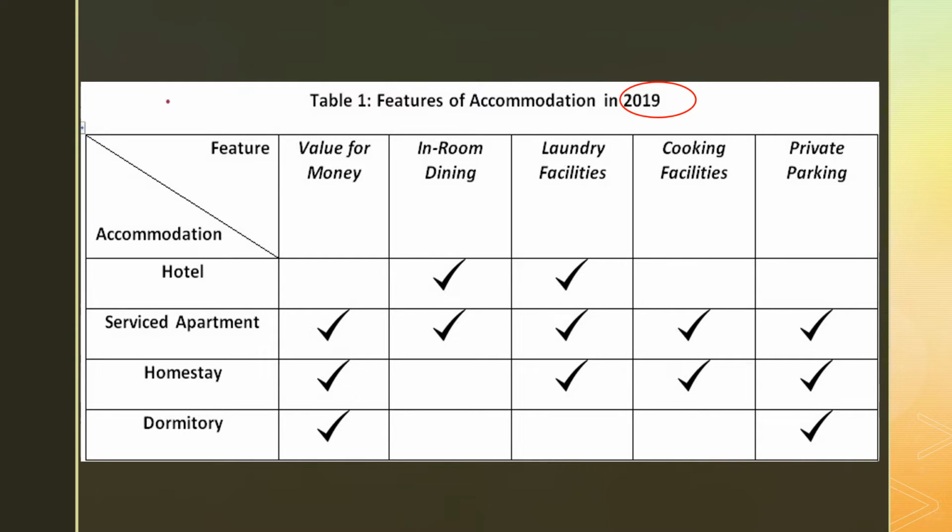You are only to link the information from figure 1 to table 1, the data from 2019 to the features in 2019. So now take a look how many features offered by hotel. 2. How many features are there offered by serviced apartment? 5. What about homestay? 4. What about dormitory? 2.